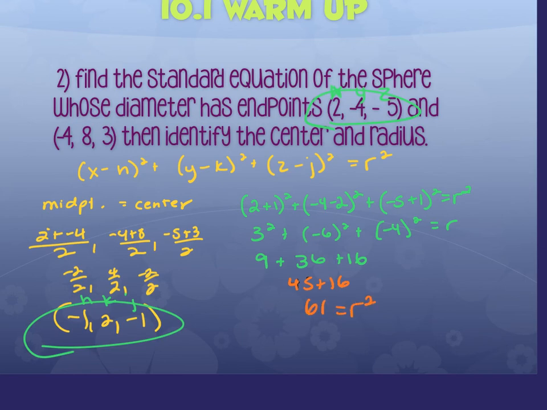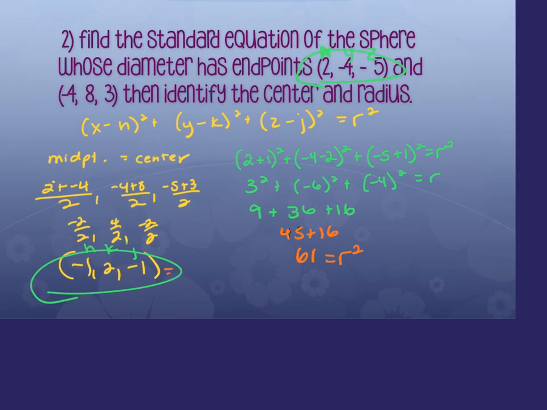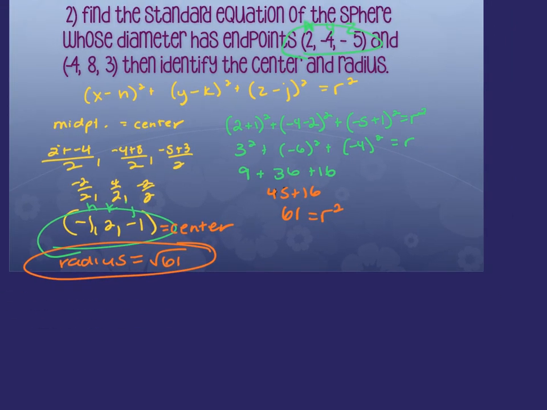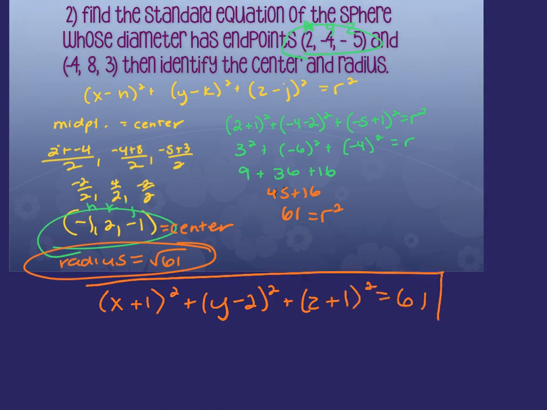That's your r squared, which means the radius is the square root of 61, which is prime, so it's left as that. And then the standard form is (x - -1) plus 1 squared, plus (y - 2) squared, plus (z - -1) plus 1 squared, equals 61. And there's the standard form of the equation.